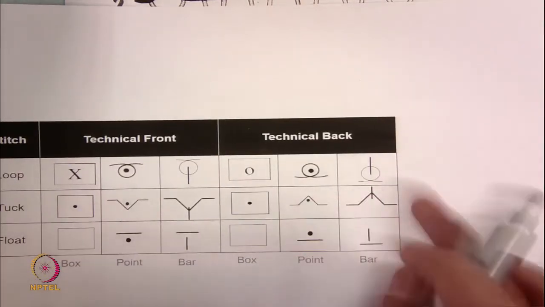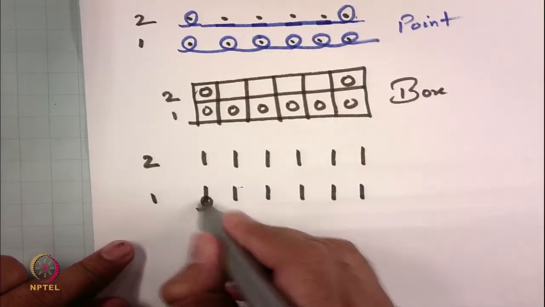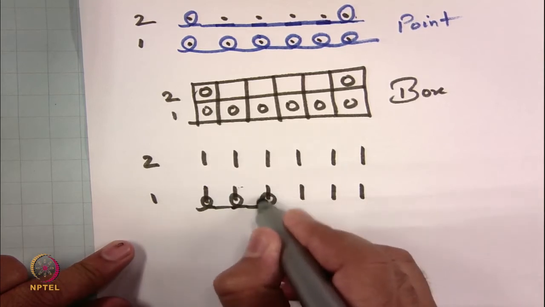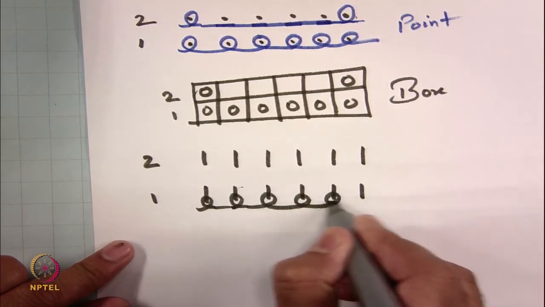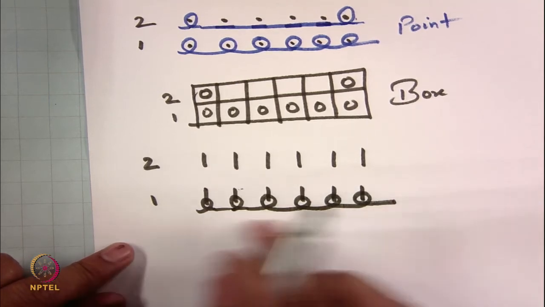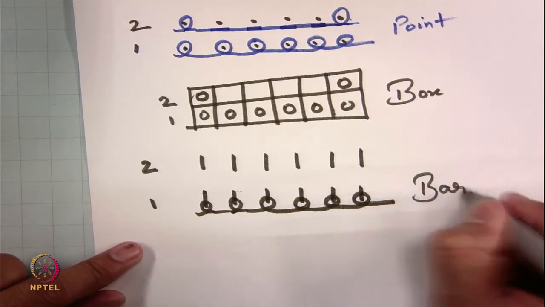Something like this. So, we represent all 6 technical back loops in bar notation. So, this is your bar notation.